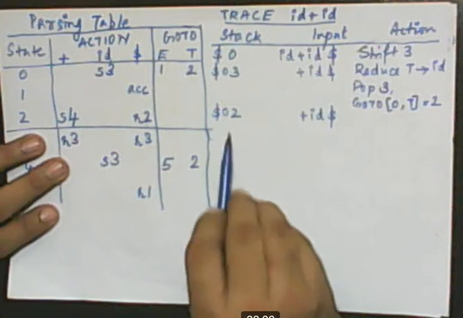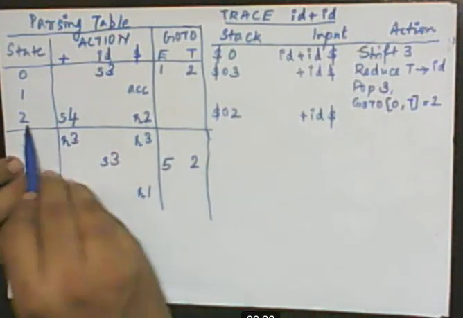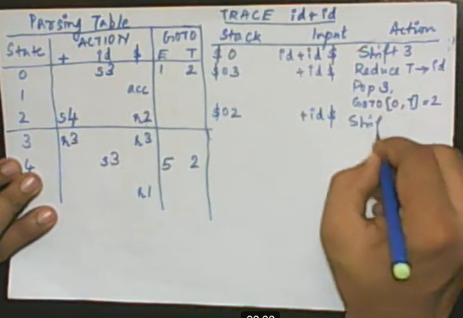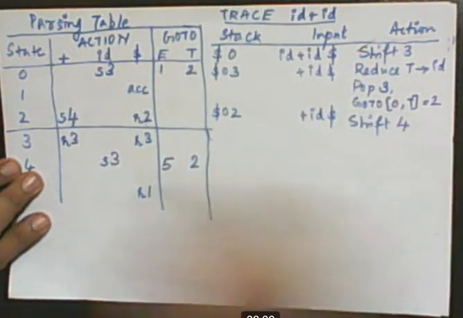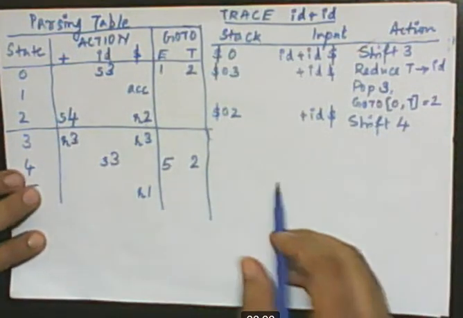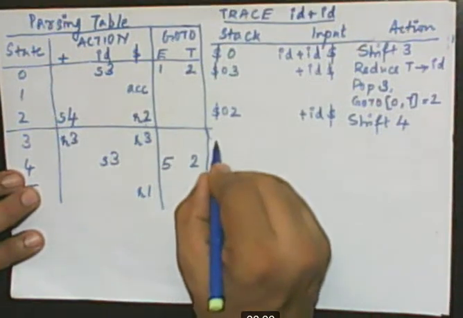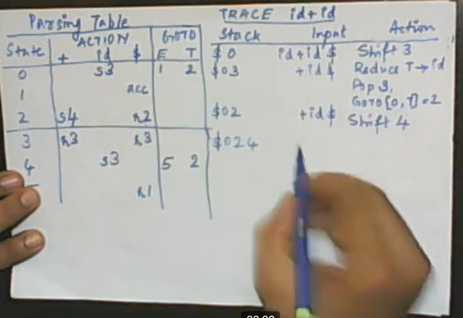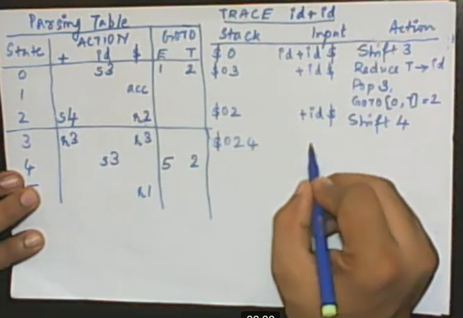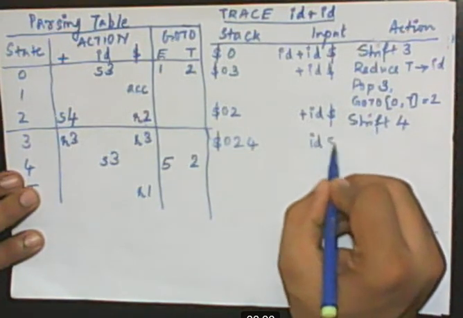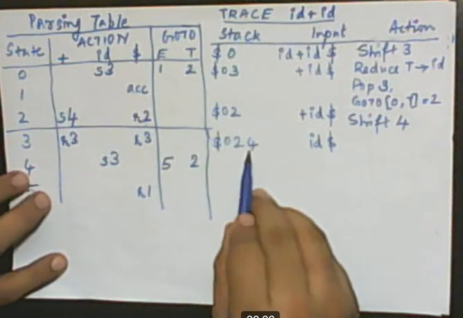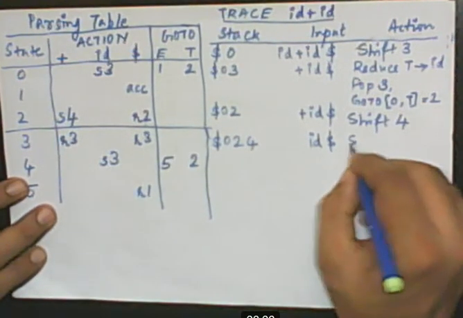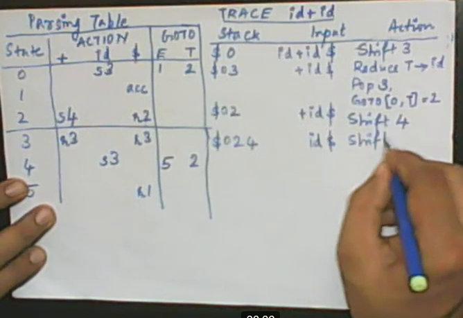What happens on 2 on plus? 2 on plus, it is a shift operation, so you have shift 4, which makes the stack $0 2 4, and the plus will be removed, you have id and dollar. 4 on id, it is again a shift operation, you have shift 3.